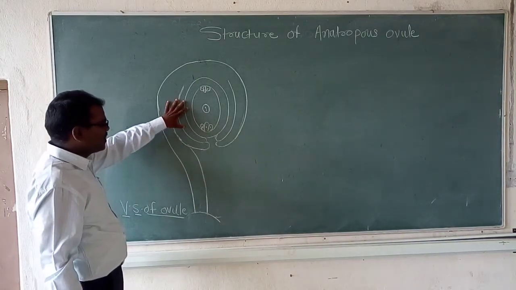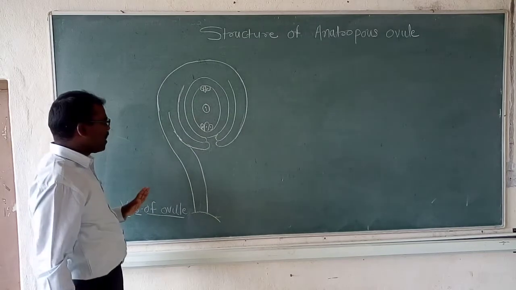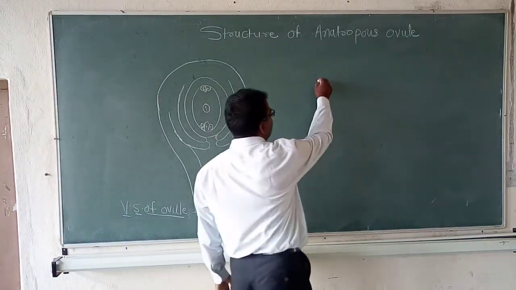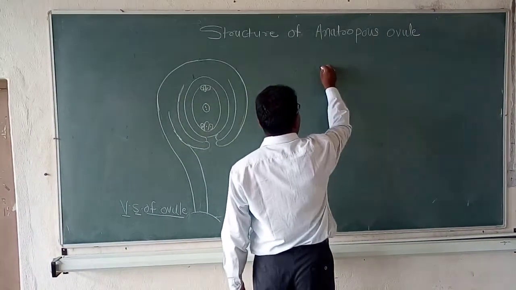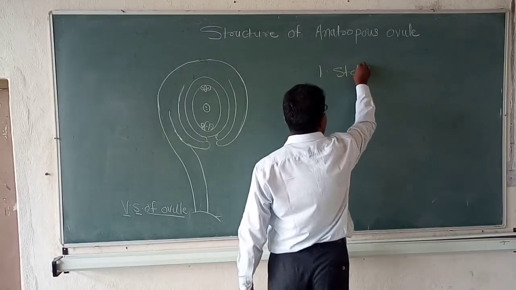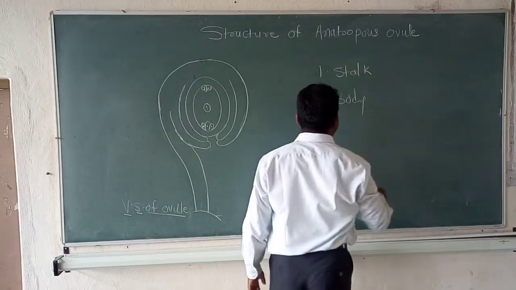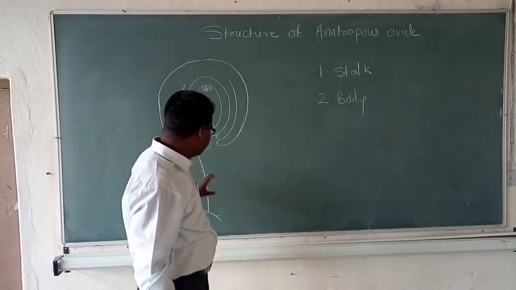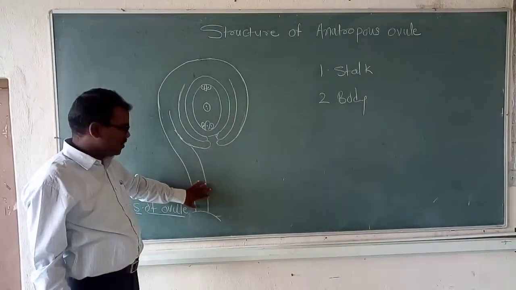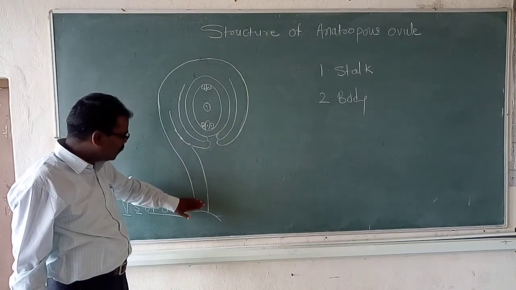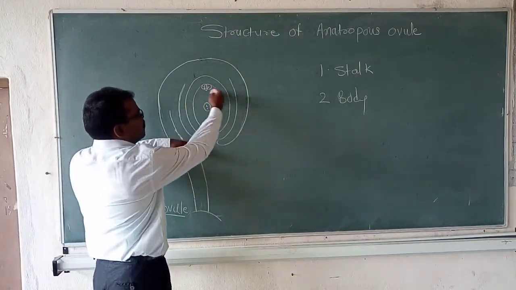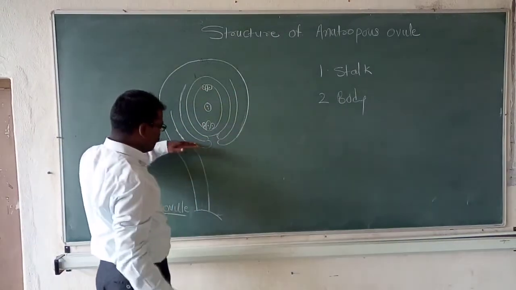Ovule consists of two main parts. First part is stalk, and second part is body. This is the stalk of the ovule, and this upper region is called body of the ovule.